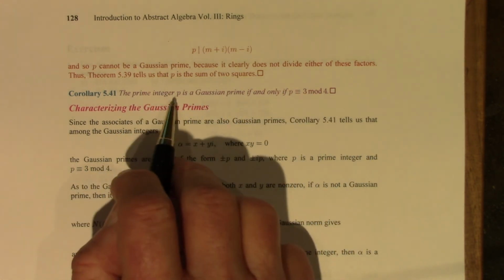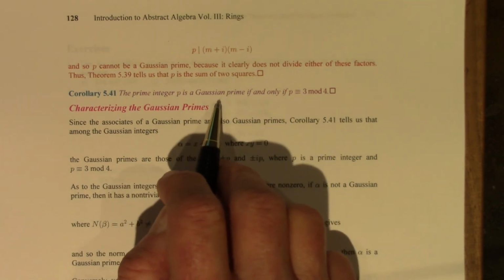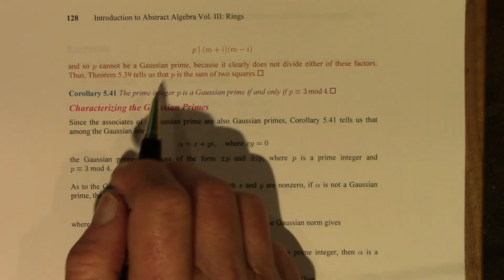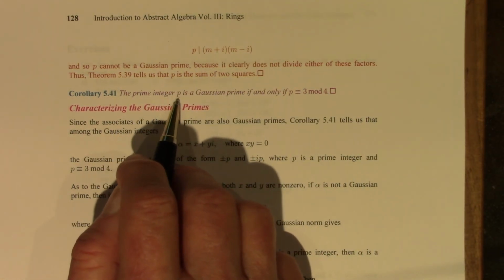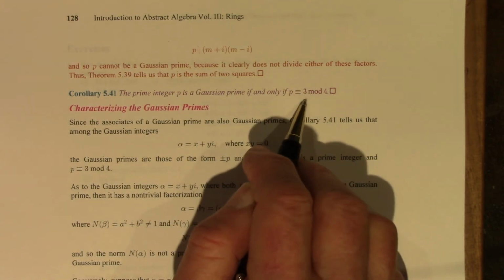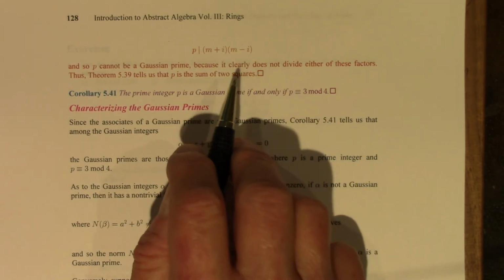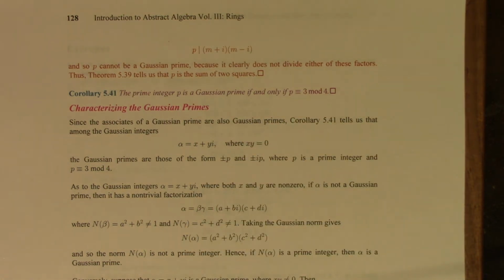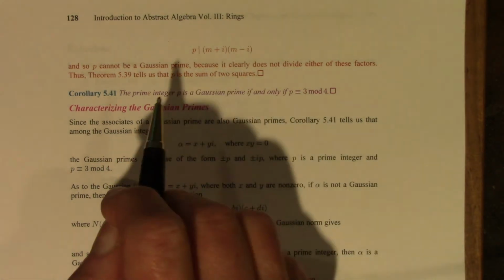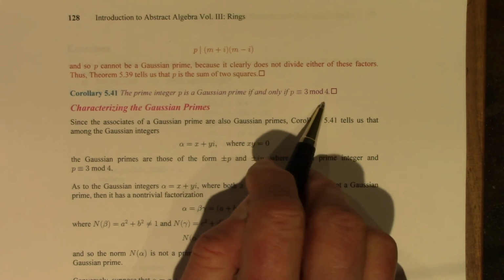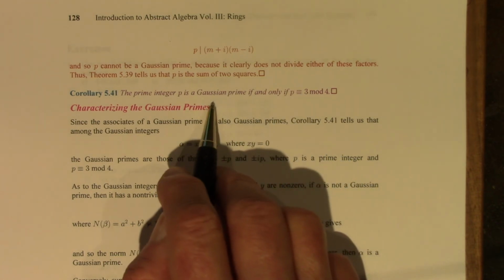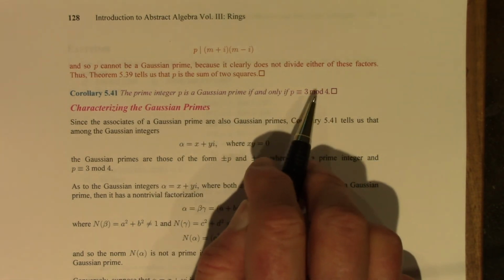If you take out the case p equals 2, it's not a Gaussian prime, and it doesn't satisfy this, so that's okay. And then if you think of the rest of the primes, they're odd, so they're congruent to either 1 or 3 mod 4, and we've just ruled out them being congruent to 1 mod 4, because then they'd be the sum of 2 squares, and so they're congruent to 3 mod 4. So you can't get any nicer description of the prime integers that are Gaussian primes than this.